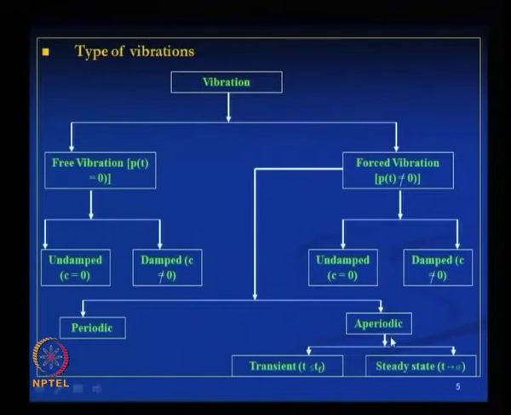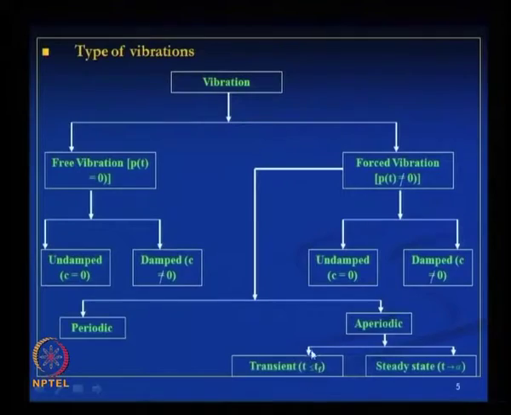Again, the subclassification within aperiodic forced vibration, we have seen one is called transient type aperiodic forced vibration and the other one we call steady state type aperiodic forced vibration.